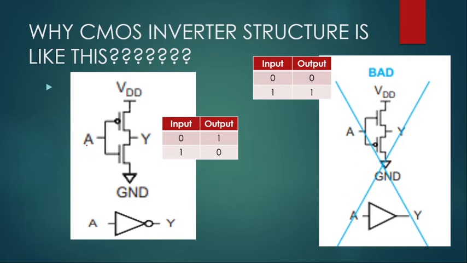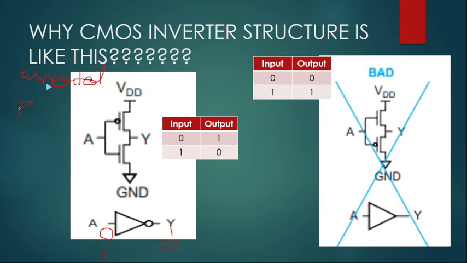So you know that the CMOS inverter looks like this. What is a CMOS inverter, or what is an inverter? An inverter is the logic device that gives you the output 1 when the input is 0 and the output 0 when the input is 1. Sometimes a CMOS inverter is also known as an inverted buffer.